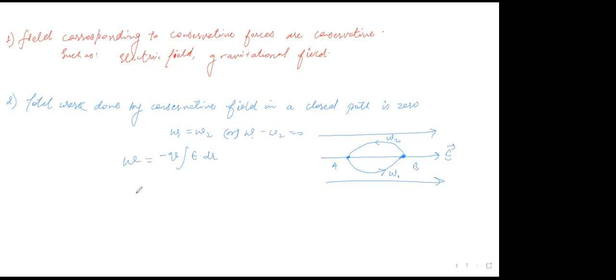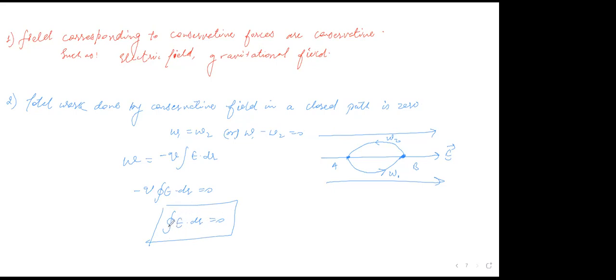So we can write minus Q integration of E dot dr is equal to 0, or you can also write the closed integral of E dot dr is equal to 0. This is only for the closed path, and the circle on the integral sign represents a closed path.